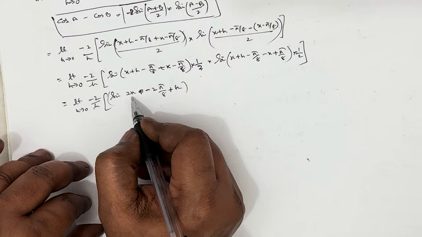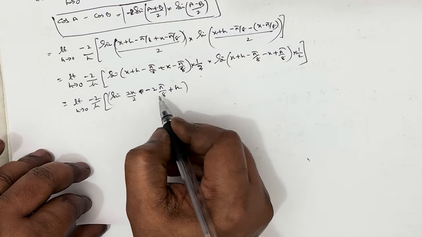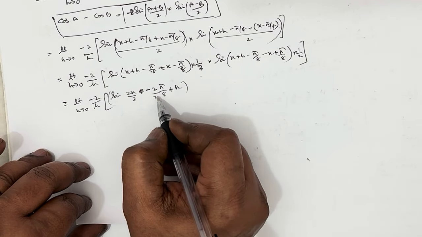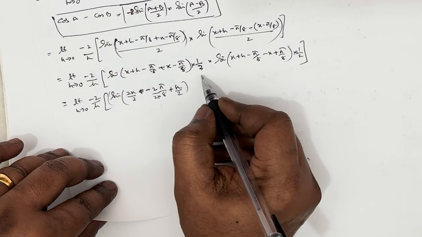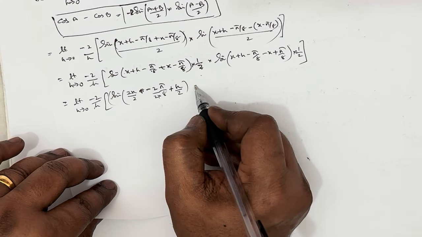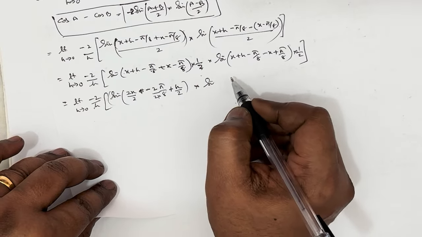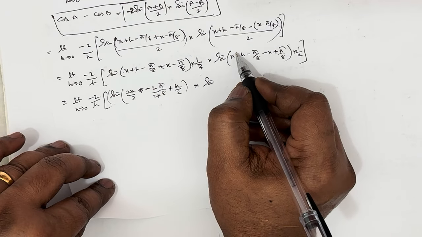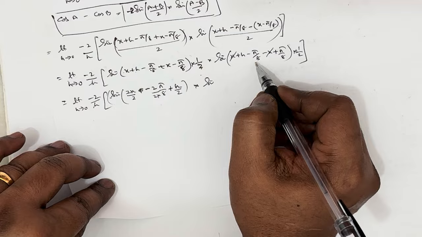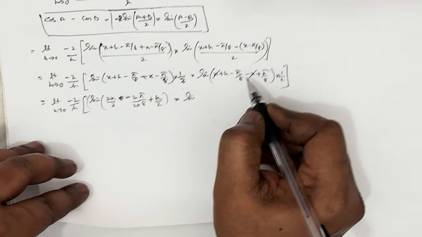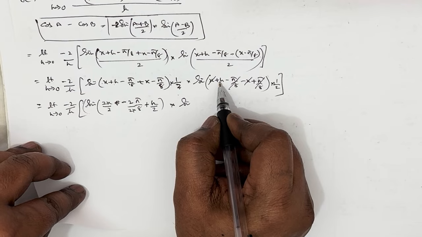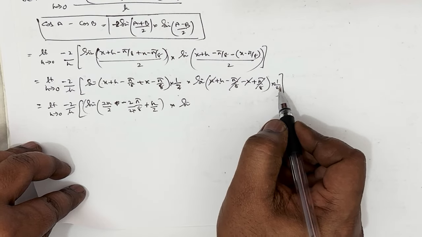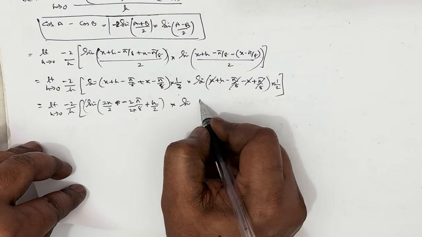Let's multiply this also, so it becomes multiplied by 2, and here h by 2. Now this gets multiplied inside. Now you see, positive x and negative x will go, negative pi by 8 and positive pi by 8 will go, and the remaining is only h. So 1 by 2 multiplied inside becomes h by 2.